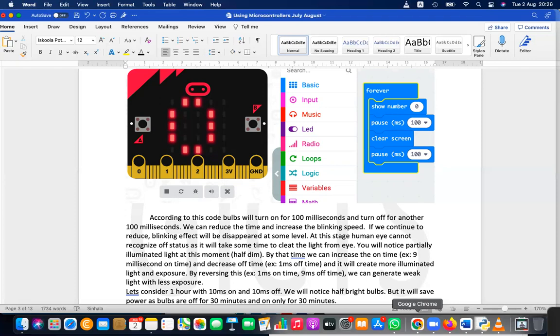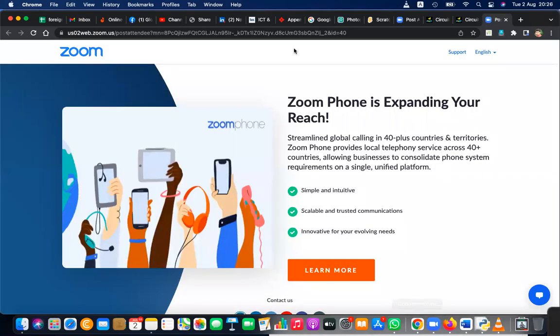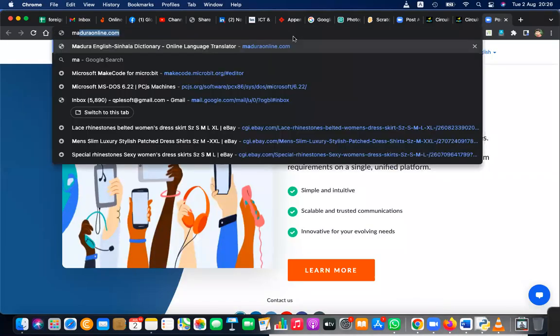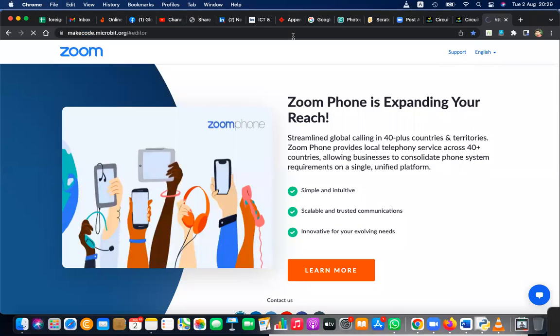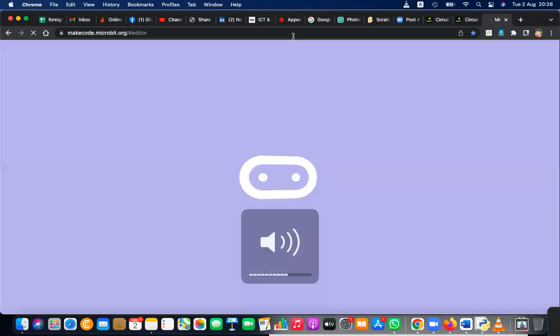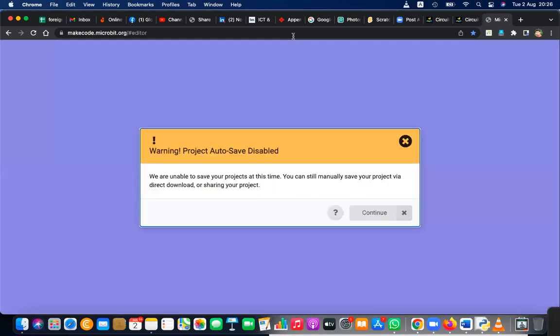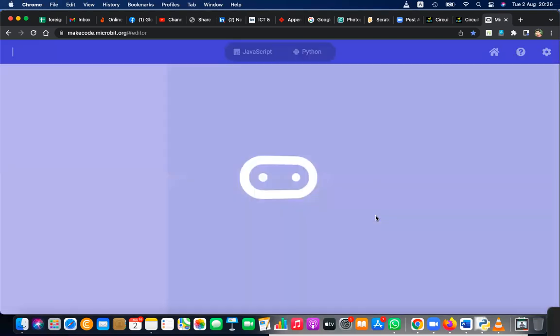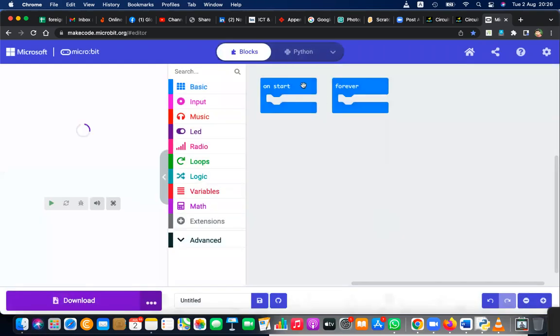For an example, if you want to show the temperature, let's go to the MakeCode microbit link. If you want to display the temperature, you basically have two blocks, on start or forever block. Let's say on forever, I just need to display the temperature.